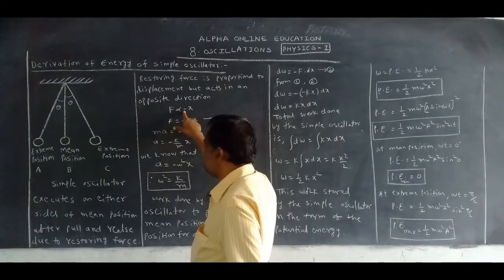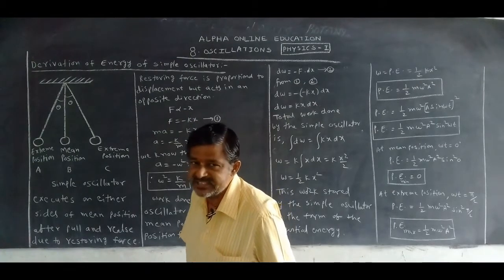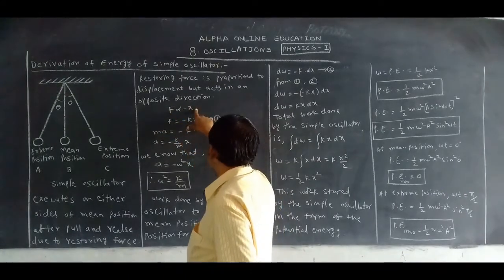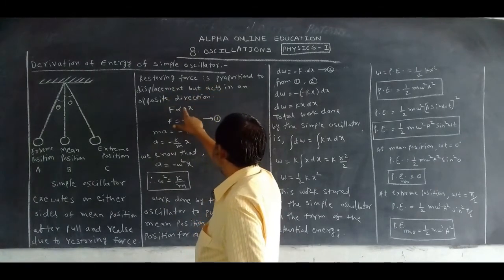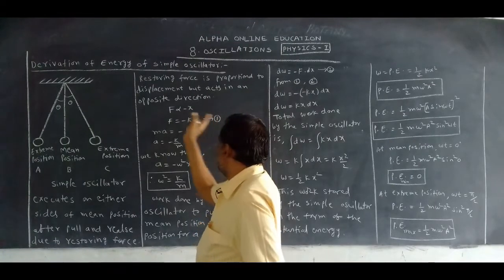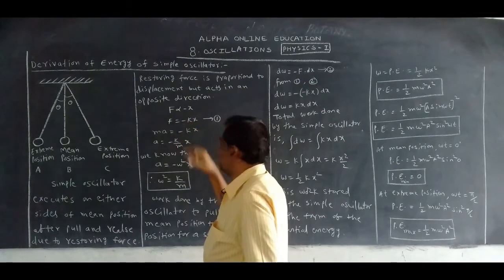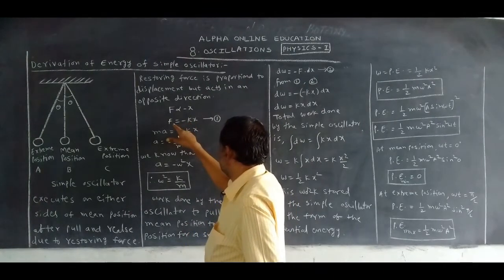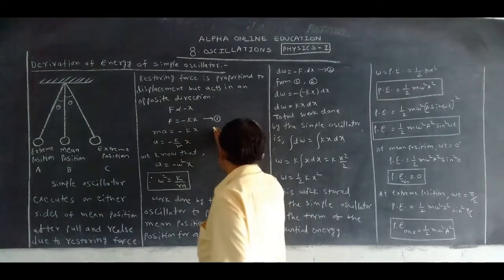F proportional to minus x. Minus indicates the opposite direction. What is F? Restoring force. What is x? Displacement. If we remove the proportionality, we get one constant denoted by k. Now we can take F is equal to minus kx as equation 1.